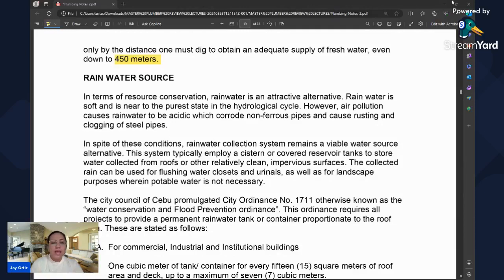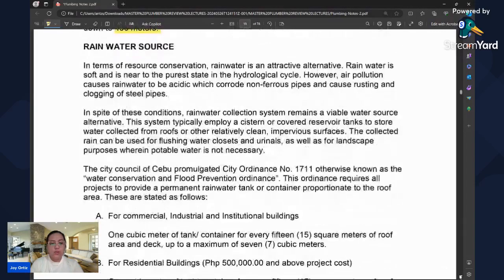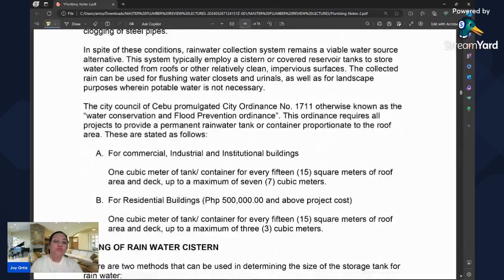So, the City Council of Cebu promulgated City Ordinance number 1711. So, tingnan natin tong sample na to. Otherwise known as the Water Conservation and Flood Ordinance. So this ordinance requires all projects to provide a permanent water tank or container proportionate to the roof area.